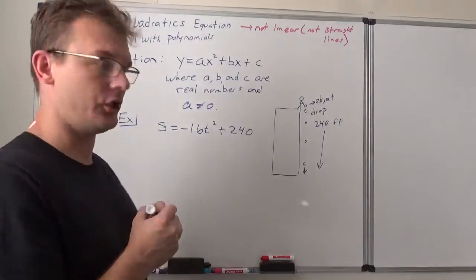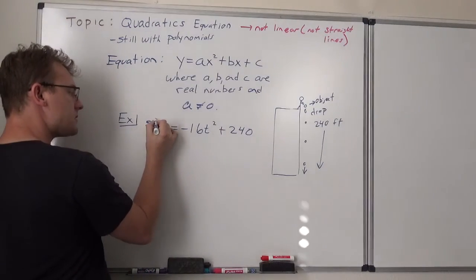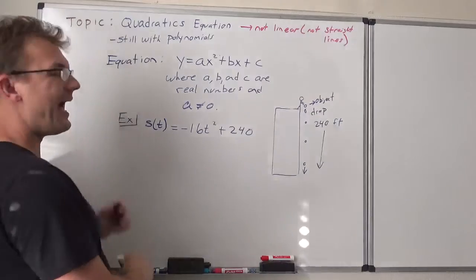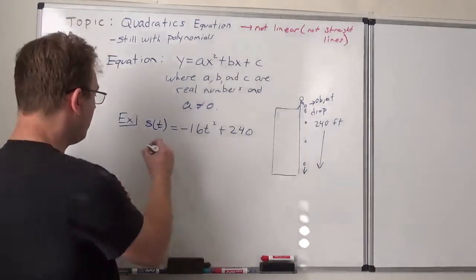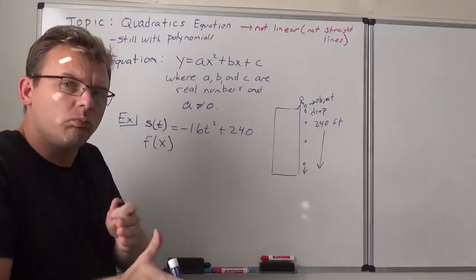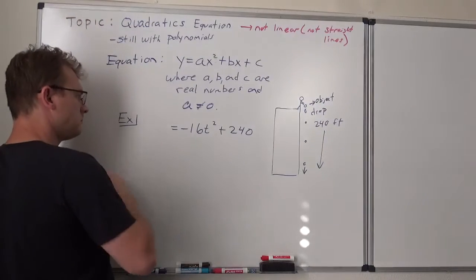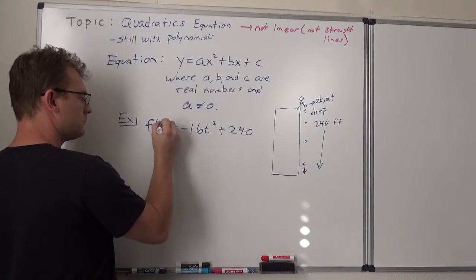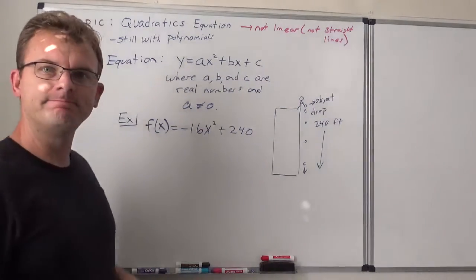So here's what I want us to do. I want to replace this with S of t. Now, you're familiar with f of x. Well, why don't we stick to that?